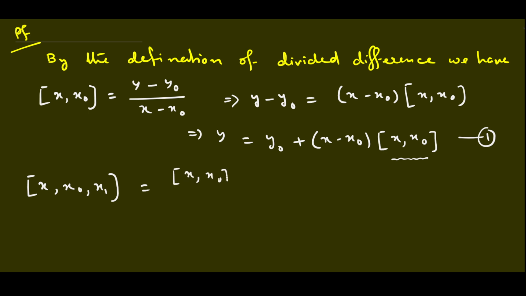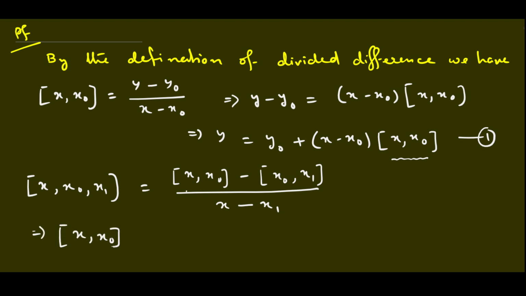The divided difference of x, x naught minus that of x naught, x1, divided by, since we are writing x first, it will be x minus x1. Since they are symmetric, you can write like this also. So again, cross multiply it. If we cross multiply it, we will get x, x naught minus x naught, x1. Then on the right hand side, we have x minus x1, with this the second divided difference of x, x naught and x1 will come.